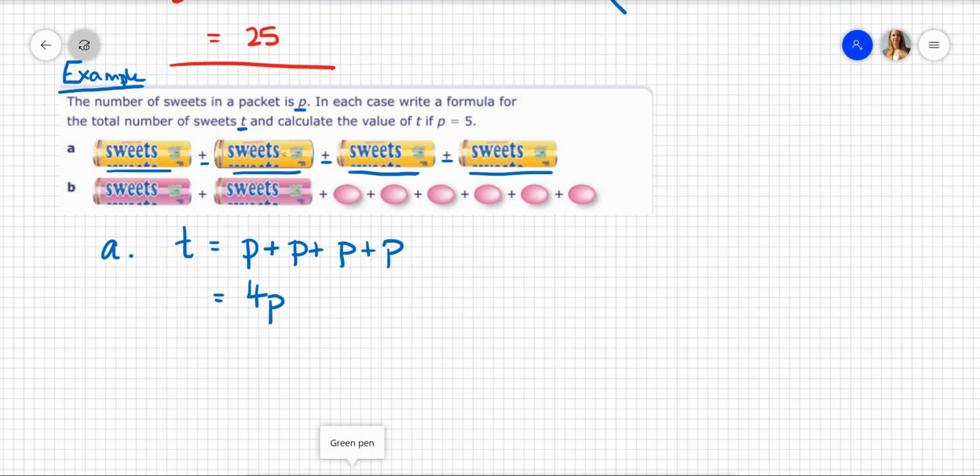The second part of the question, it says in each case, write the formula, yeah, we've done that, and calculate the value of T if P equals 5. So when P equals 5, T equals 4 times P, which is 5, so it's 20.